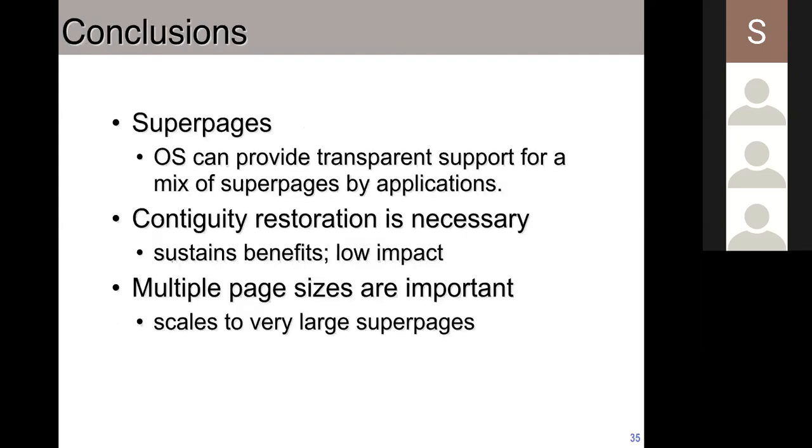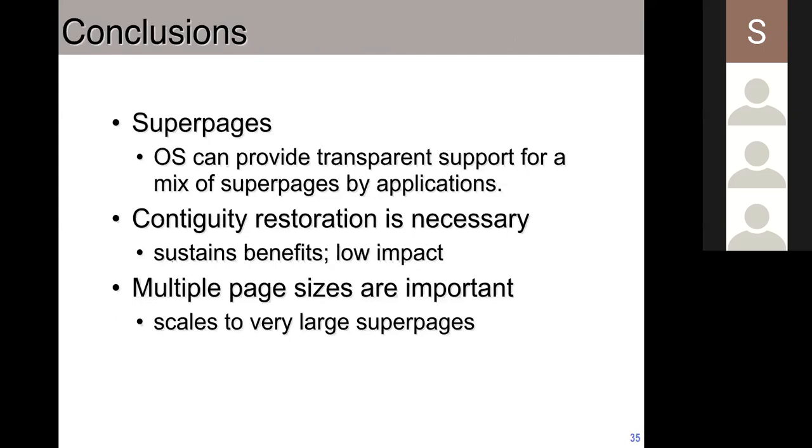So then there's the conclusion. They basically say what they learned, and they show a mechanism by which the OS can provide transparent support for superpages. One of the things they learned through their experiments, evaluations and implementation is that you need contiguity restoration. If you're going to use superpages, you are reintroducing the external fragmentation problem at the superpage granularity, not at the base page granularity.